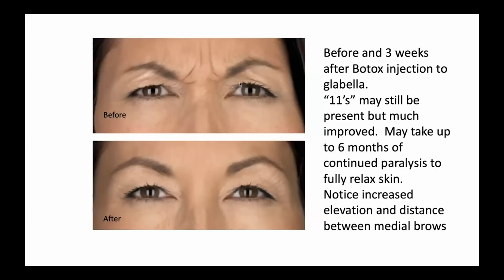This is before and 3 weeks after Botox into the glabella. Notice these lines here have really disappeared. It may take a number of months for these vertical lines, the number 11s, to go away. I've seen it up to 6 months of continued paralysis to fully relax that skin.